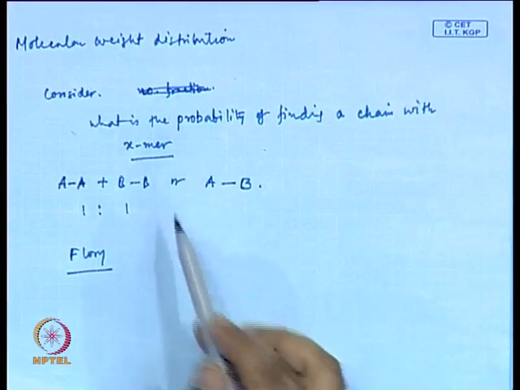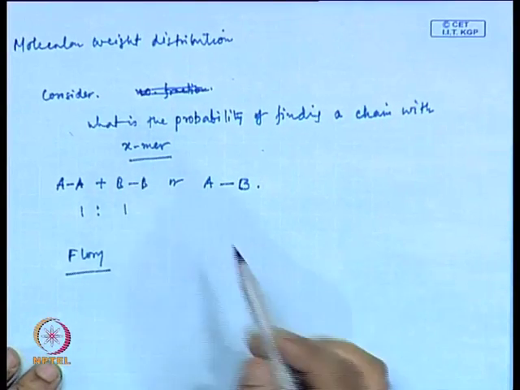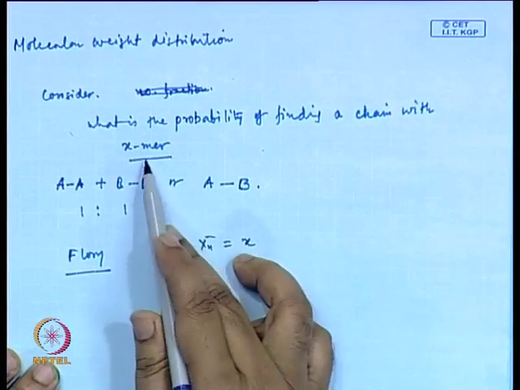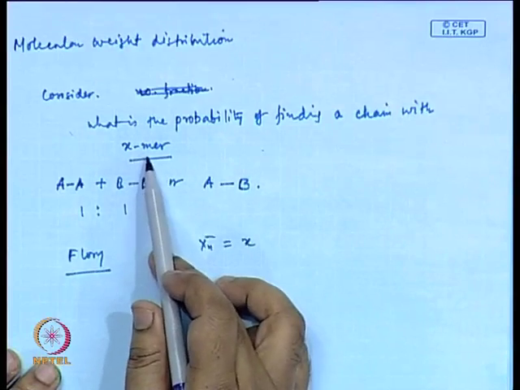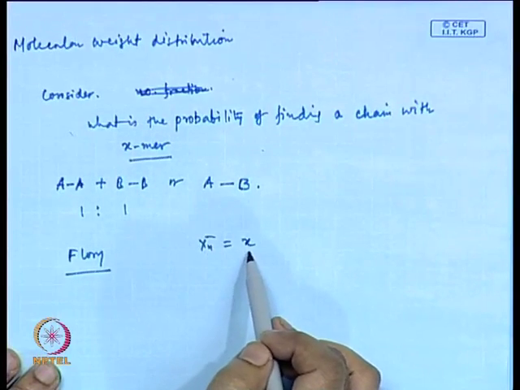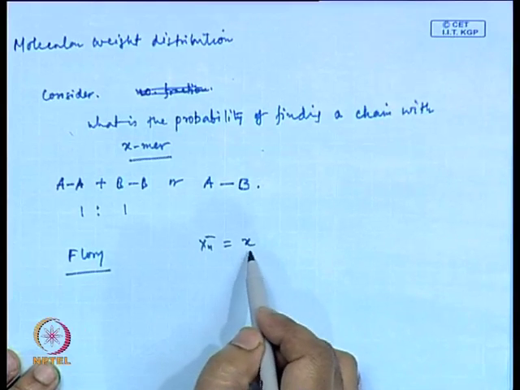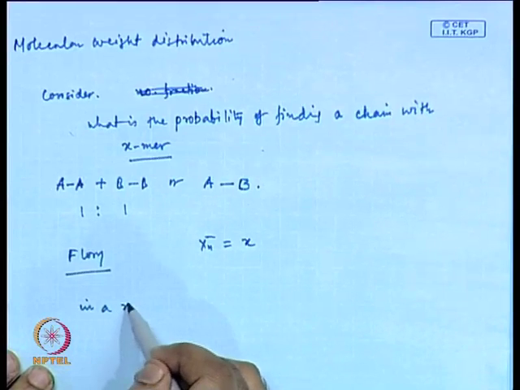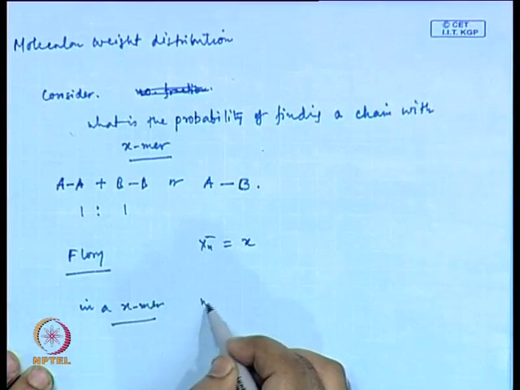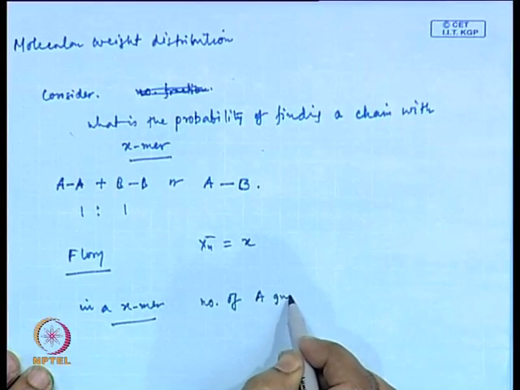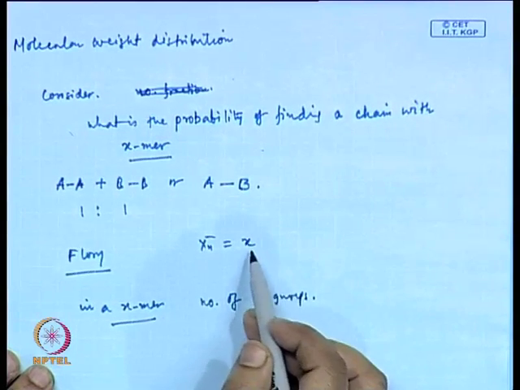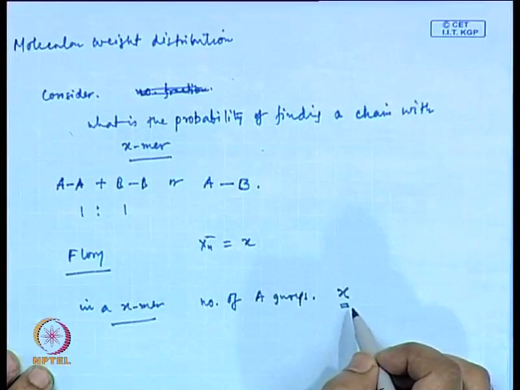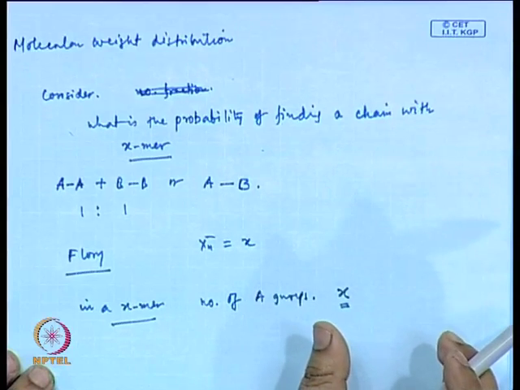Now, how do you get this probability? An x-mer means Xn is x: a chain which has x number of structural units, which means the degree of polymerization is x. Now, how many A groups are there in an x-mer? The number of A groups will also be x, since x is the number of structural units.